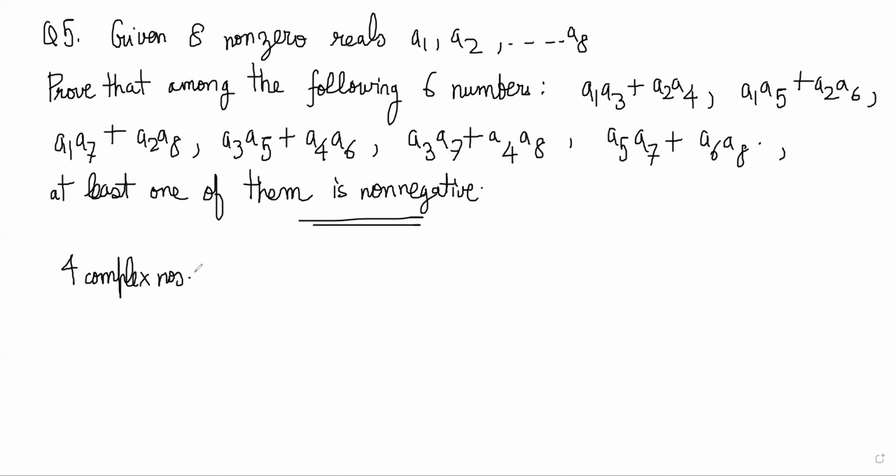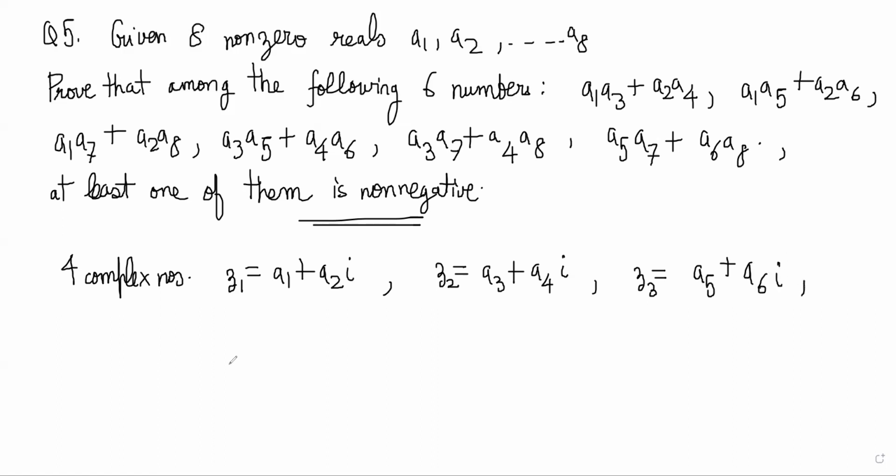And these numbers are Z1, which is A1 plus A2i, Z2, which is A3 plus A4i, Z3, which is A5 plus A6i, and Z4, which is A7 plus A8i. We have made these 4 complex numbers.